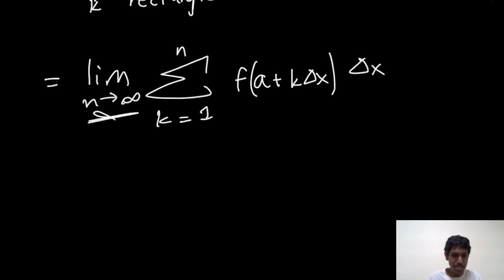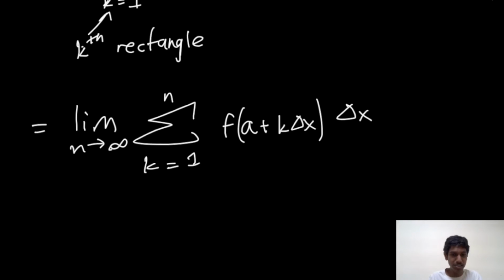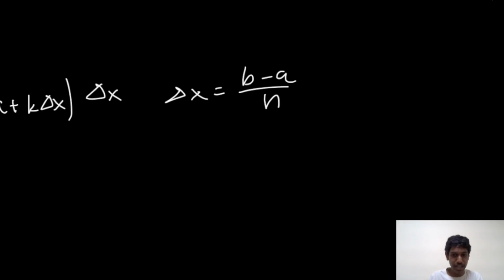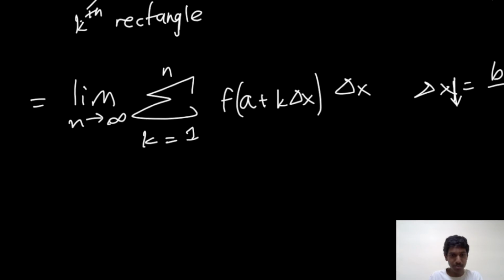We're taking the limit as n goes to infinity. And so as you get infinitely many rectangles and your delta x shrinks, right? Because we go back to our formula for delta x. If n goes to infinity, if this number gets really big, then delta x is going to get really small, right? And so your n is going to get really big and your delta x is going to get really small.